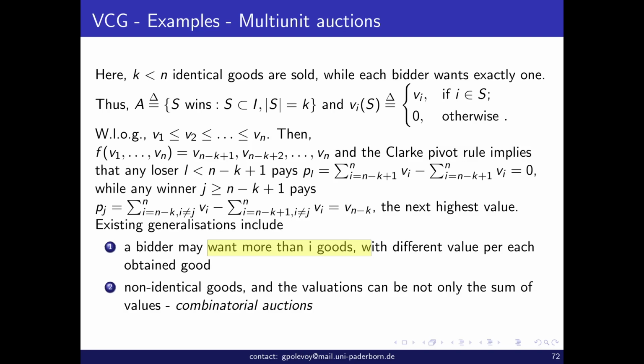Then you actually don't have identical goods, and moreover, the evaluations are not just the sum of the values for each one of the single goods, but the evaluations are basically general functions, perhaps.